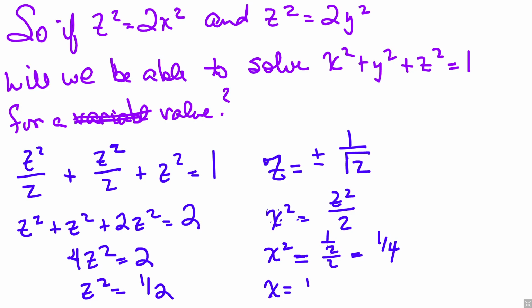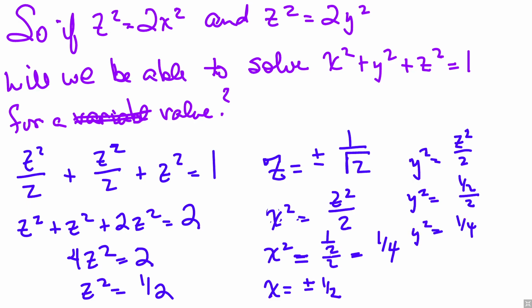Yes, plus or minus 1/2. Okay, and then for y squared, we know that y squared is z squared over 2. So y squared is going to be 1/2 over 2. So that means y squared is equal to 1/4. I mean, y is going to be plus or minus 1/2.